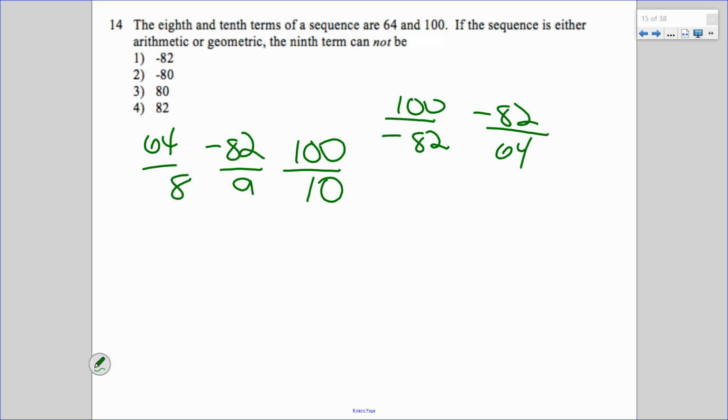So I go to my calculator. 1.219 whatever. Negative 82 divided by 64 is negative 1.28125. They do not divide to the same thing.